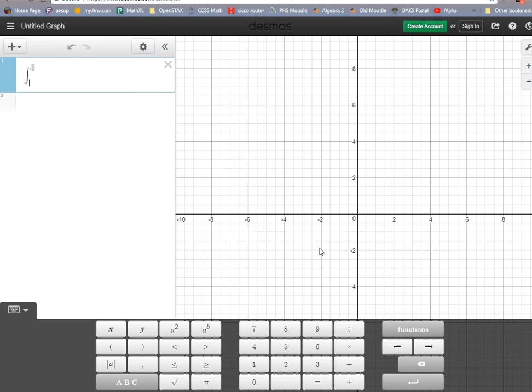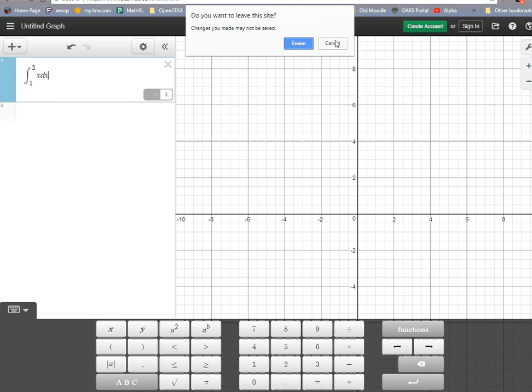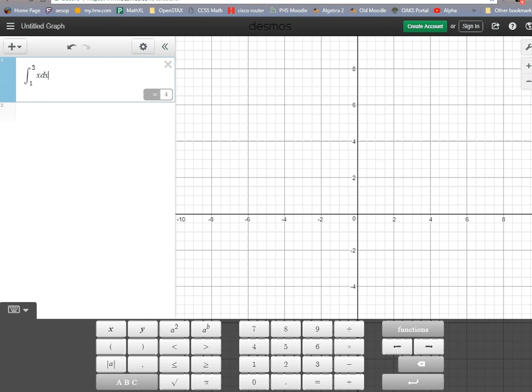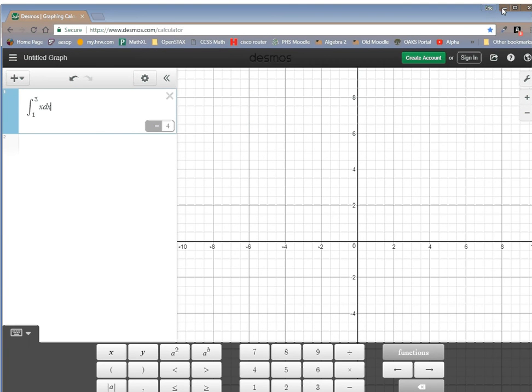So you can put in a definite integral, like the integral from 1 to 3 of x dx, and it gives me a numerical answer. Okay, so that's handy too. So that's all that means.